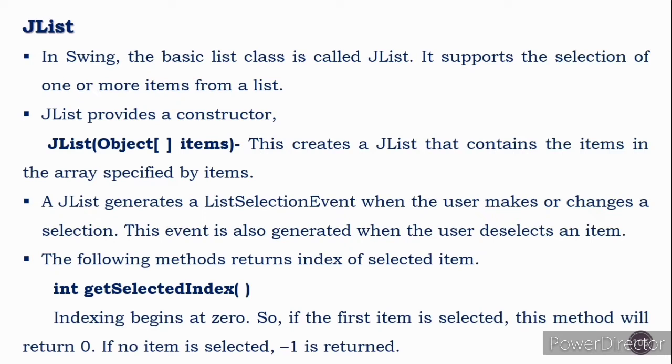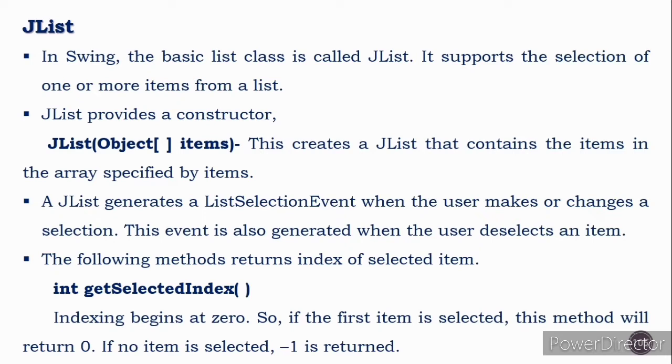One among them that we use is JList that takes an argument, that is, an array of items of type Object. This creates the JList that contains the items in the array specified by the items. Those are all of type Object.